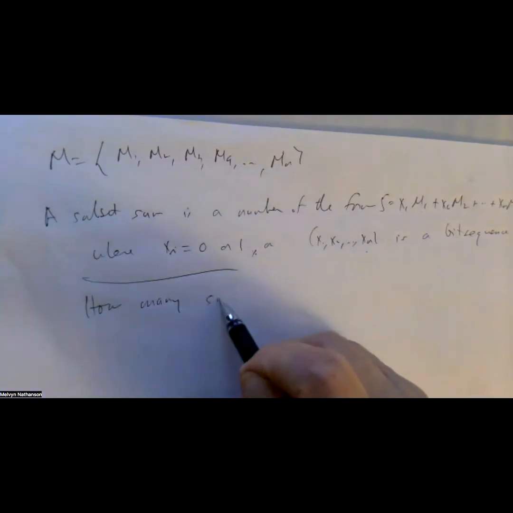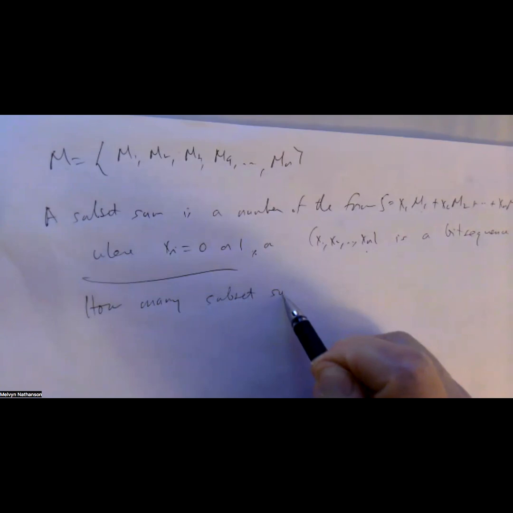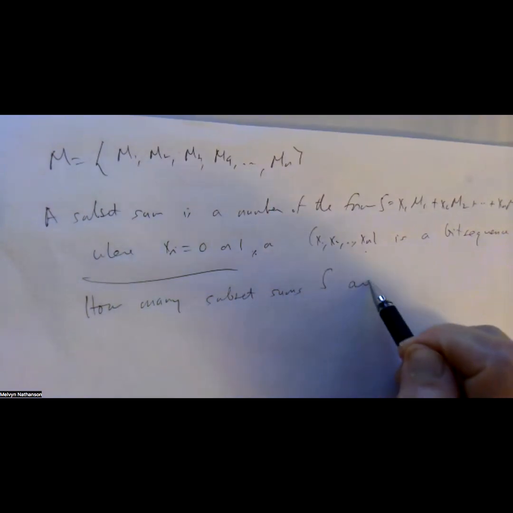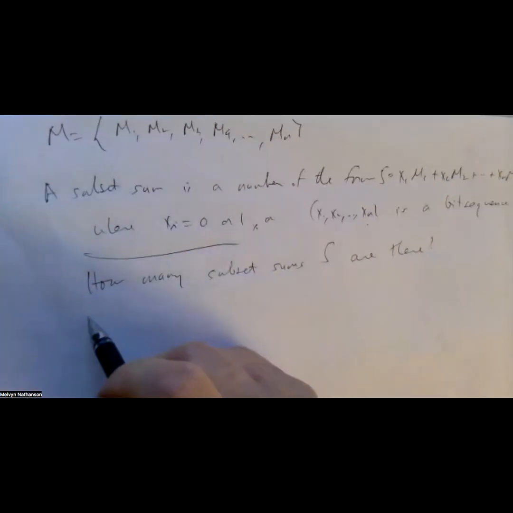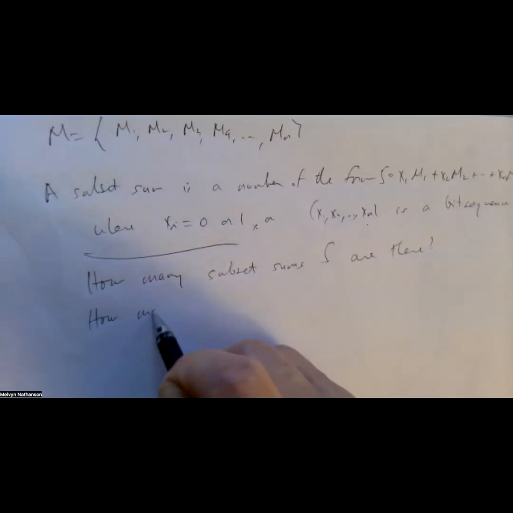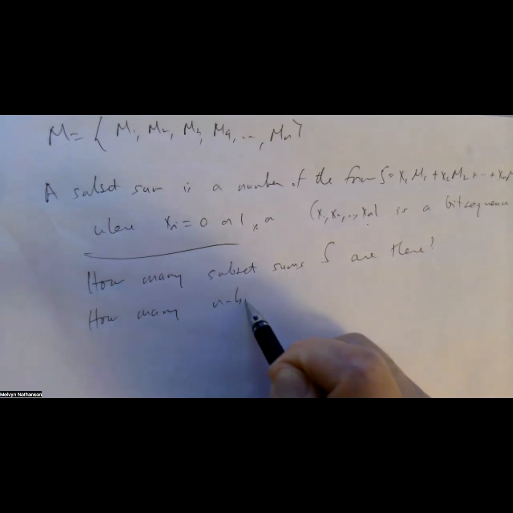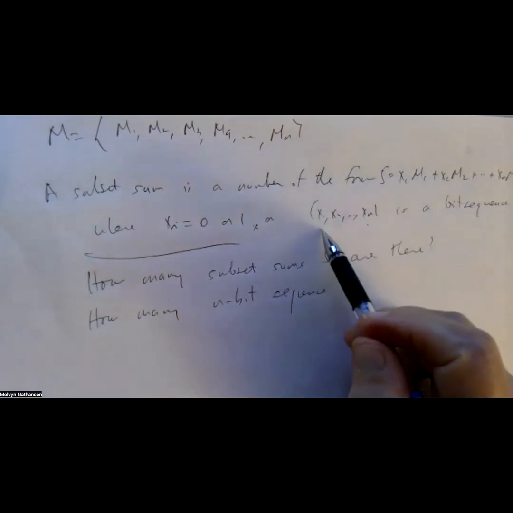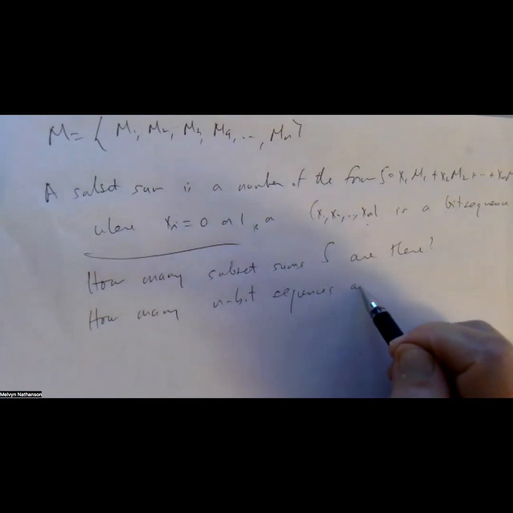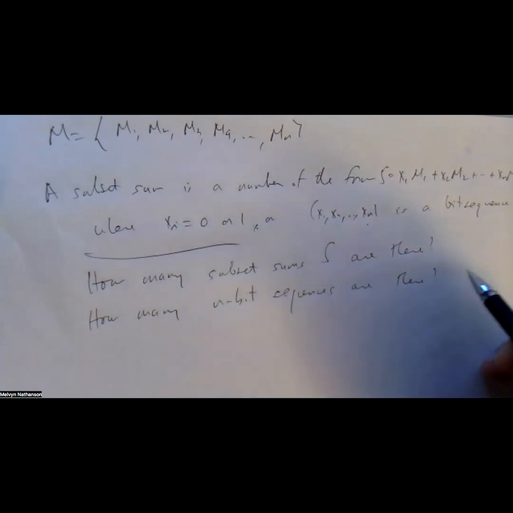How many subset sums S are there? That's exactly the same as asking how many n-bit sequences, sequences of n zeros or ones, are there? Right? What is the answer?